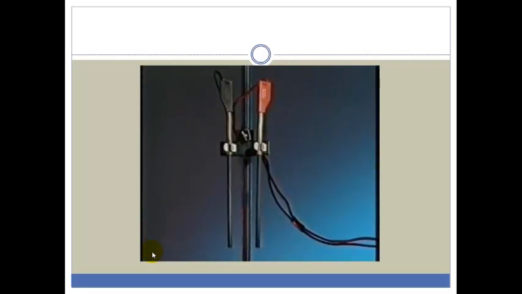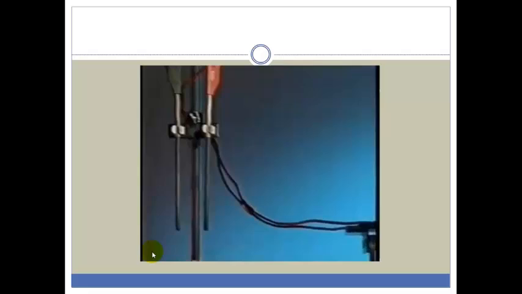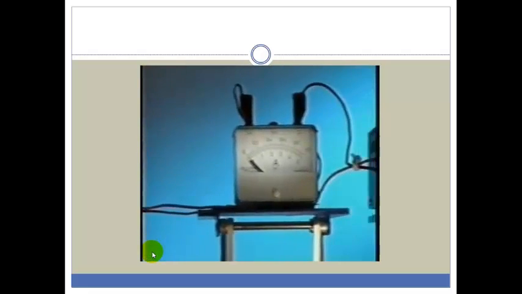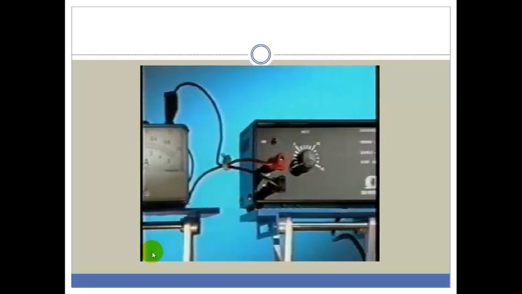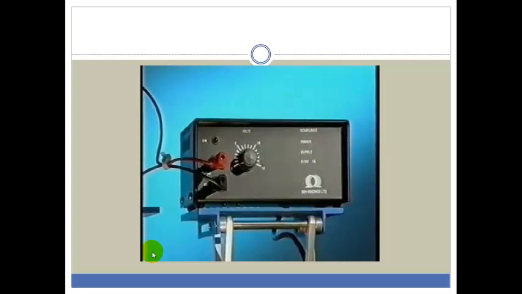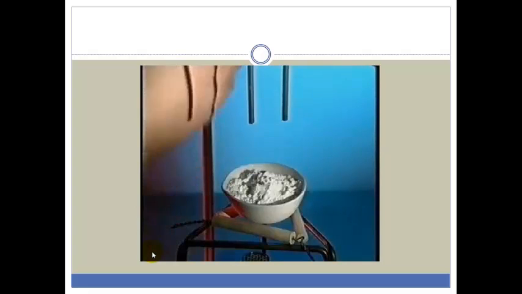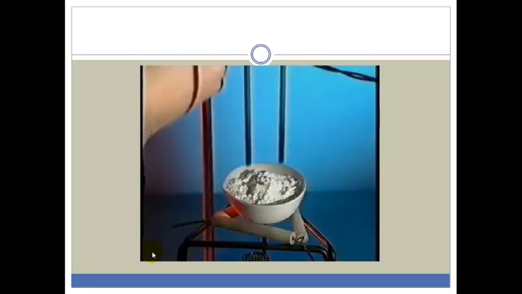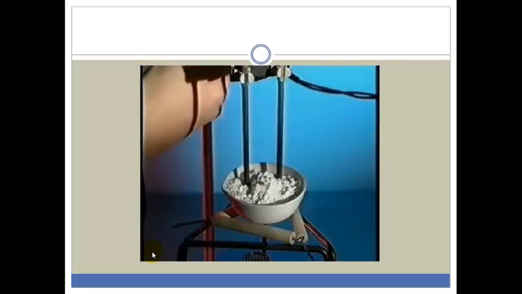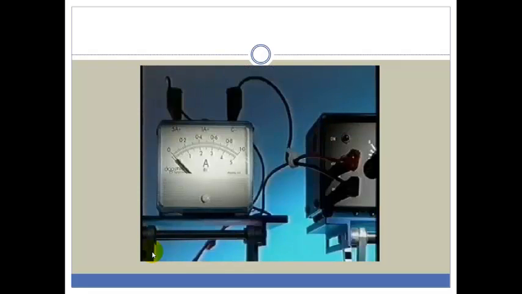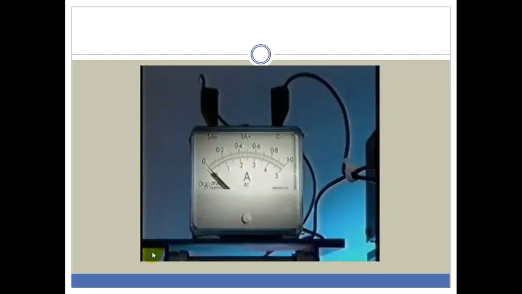A circuit is set up using 2 carbon electrodes, an ammeter and a power supply. The white powder is lead bromide. Switch on the power supply and nothing happens. The ammeter reads 0.